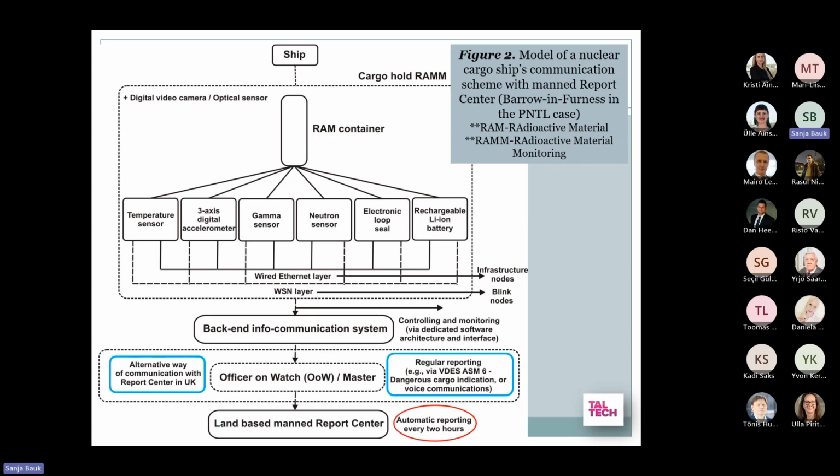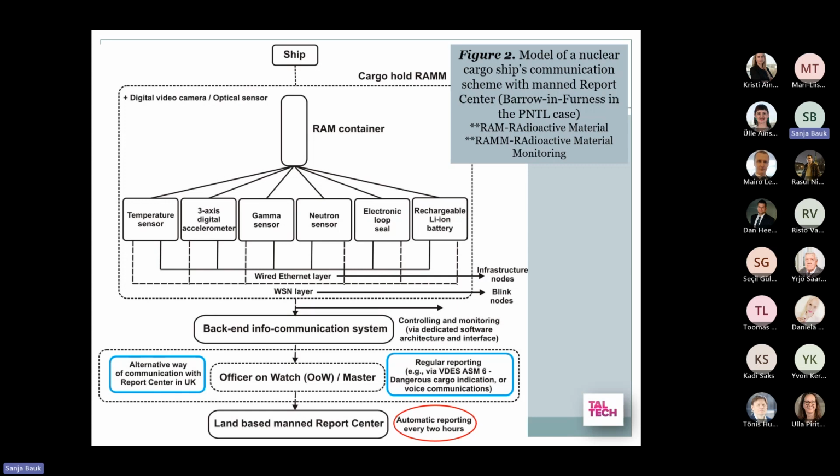In 2020, I tried to develop a scheme of how these systems should function at a very high level of abstraction, as you can see. But my idea was that all these sensors for temperature, a 3-axis digital accelerometer, gamma sensor, neutron sensor, electronic loop seal, and rechargeable lithium-ion battery should be attached to this container with radioactive material.